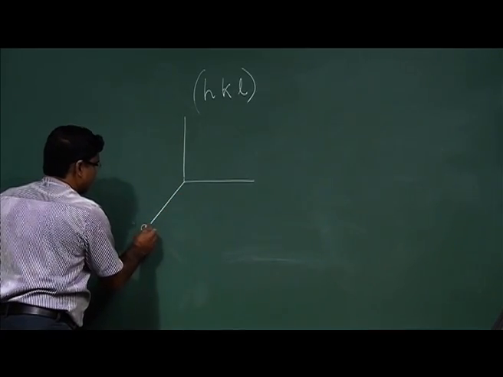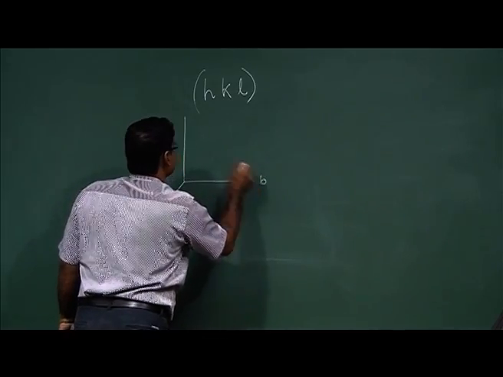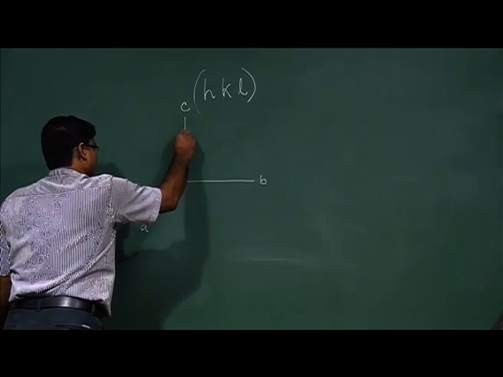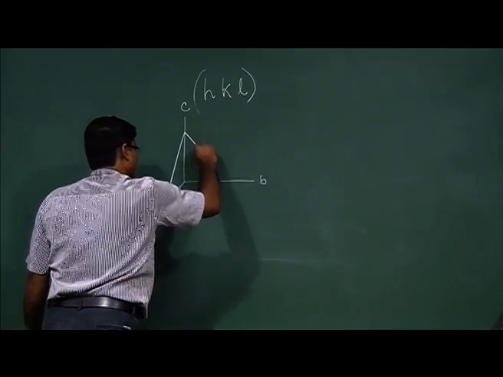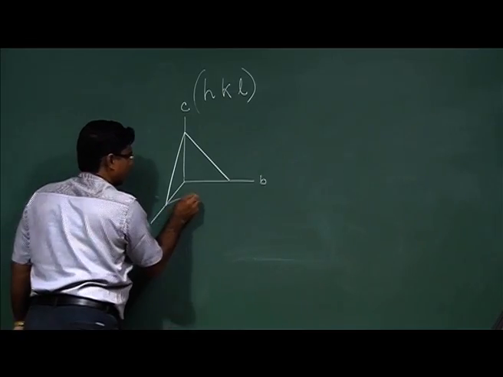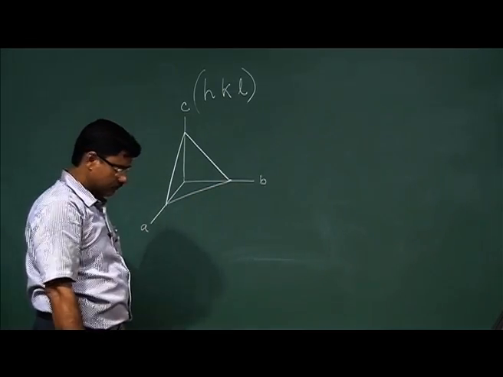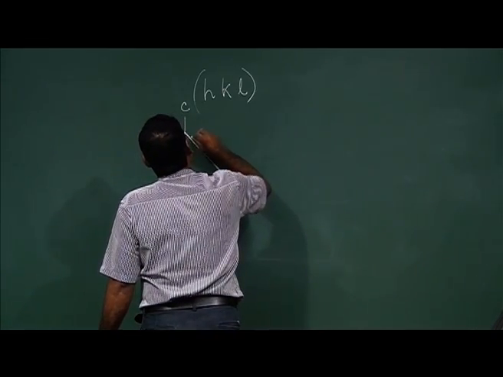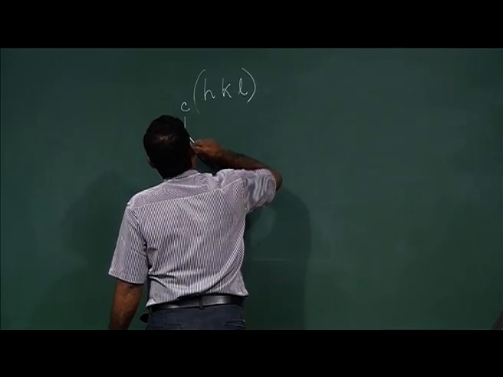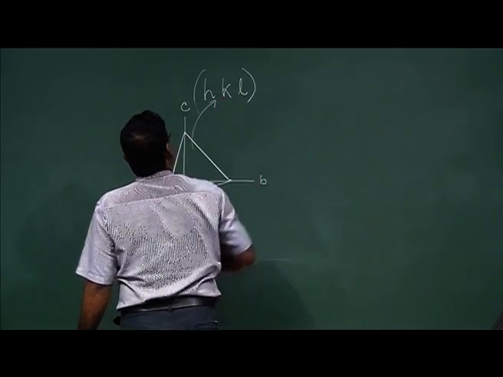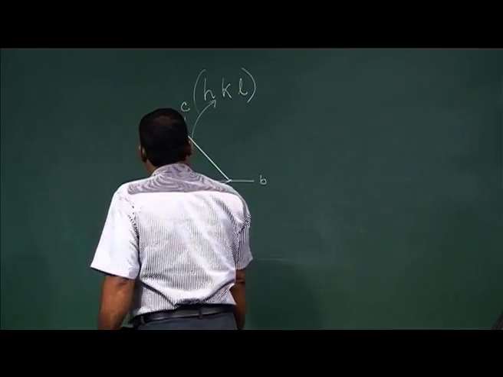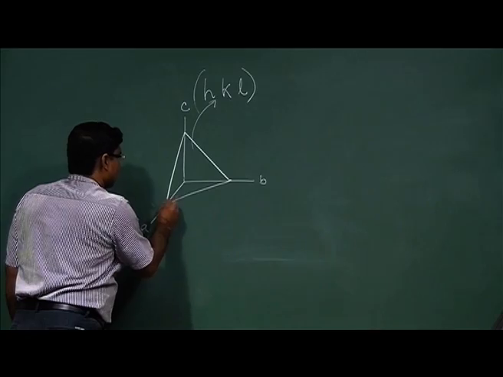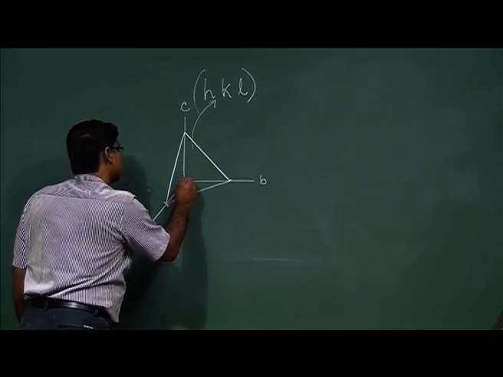This is A, this is B, this is C. This is a plane, the HKL plane. So it intersects like this, where this is the origin.